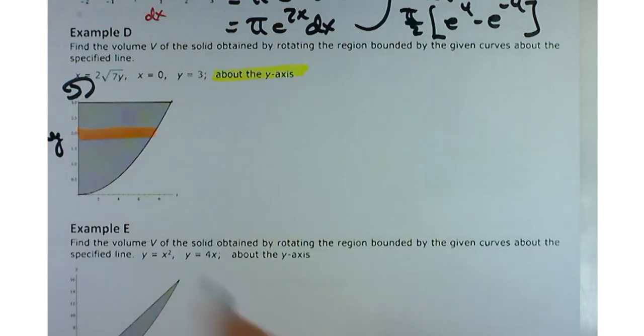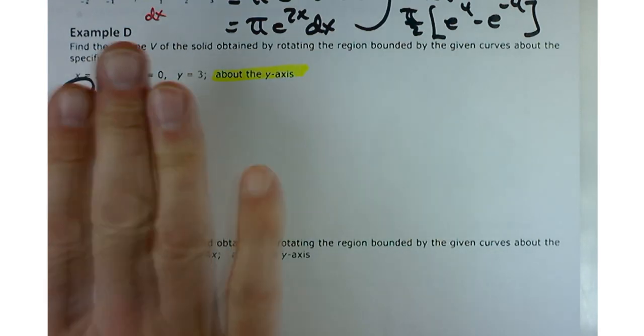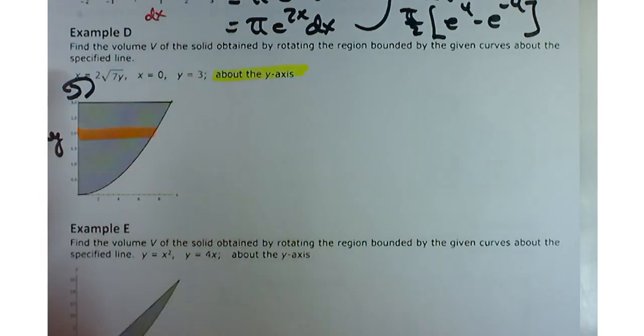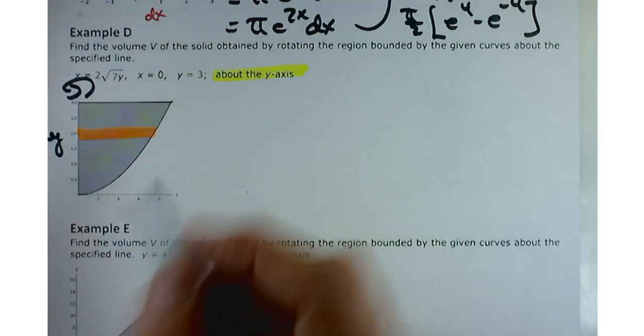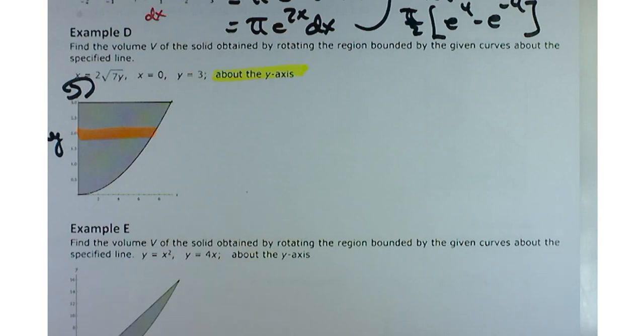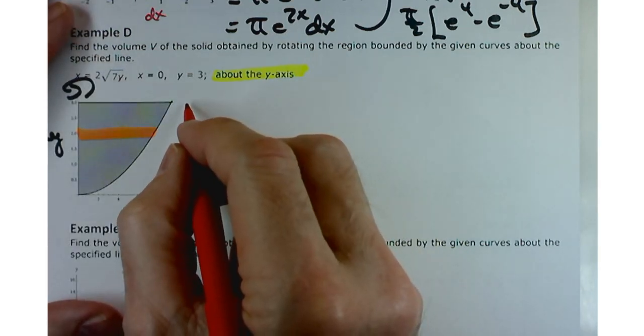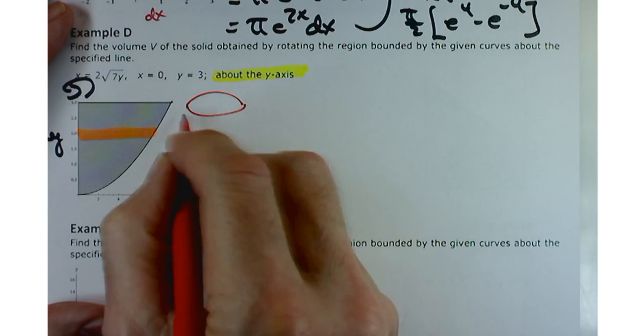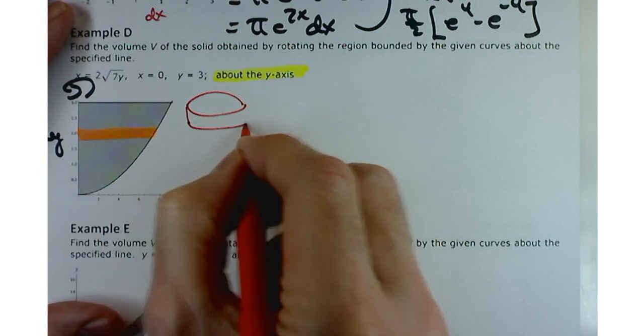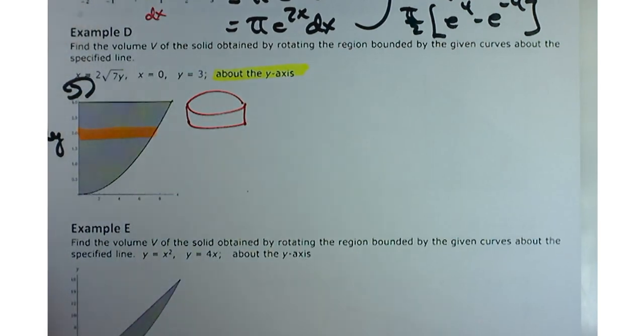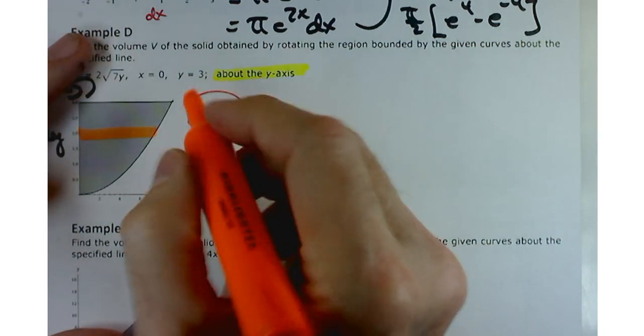That's our dy slice. Because this figure is completely flush with your axis of rotation, you're going to get a disk when you sweep that around the y-axis. So let's see if we can find the volume of that one disk, or as I like to think of it, a hockey puck.